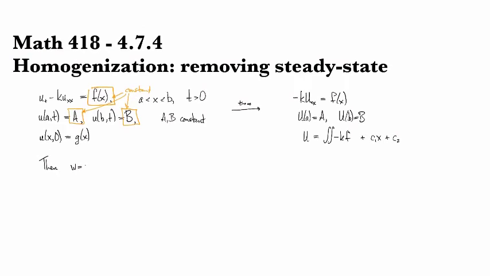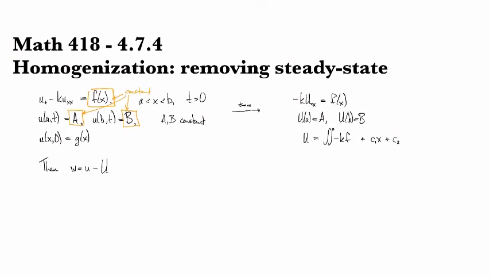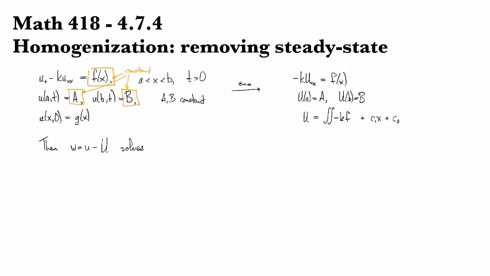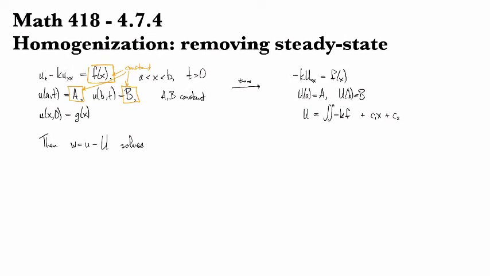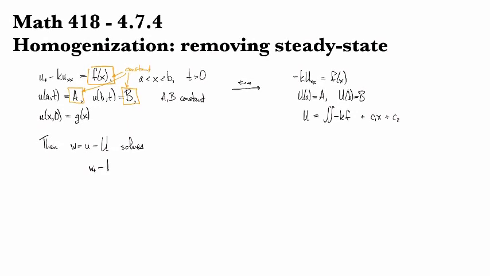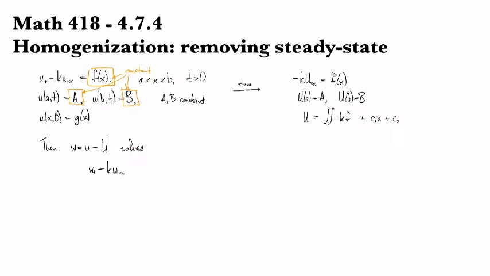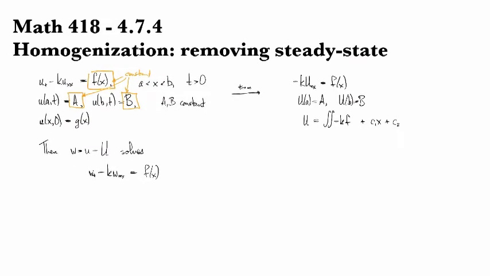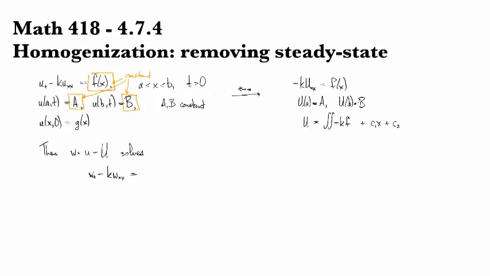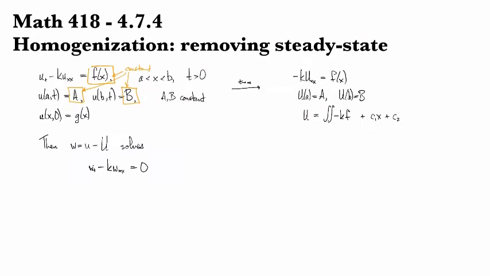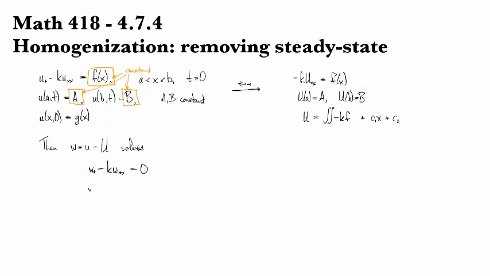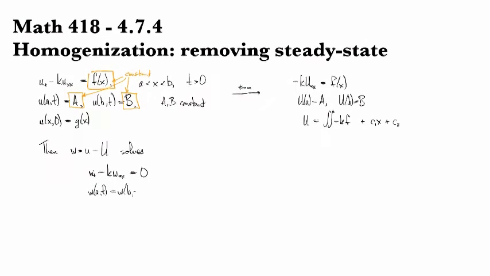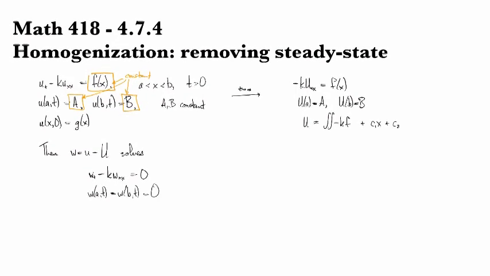Then you can define w to be u minus the equilibrium solution. And it will solve the system that looks like wt minus kwxx equals fx, equals 0 now, and w(a,t) equals w(b,t) equals 0.